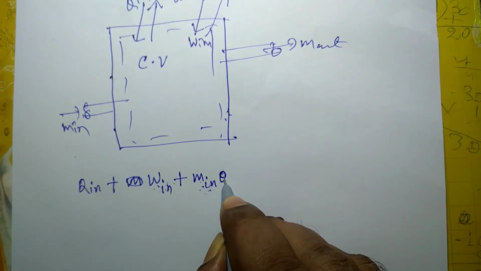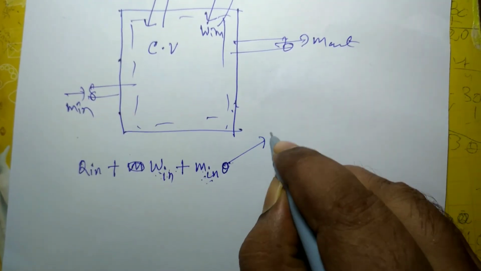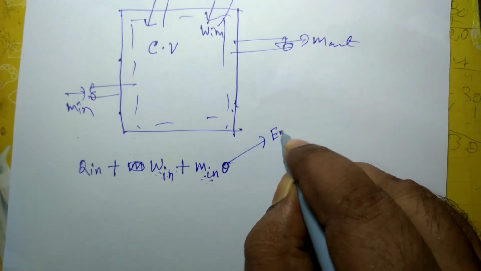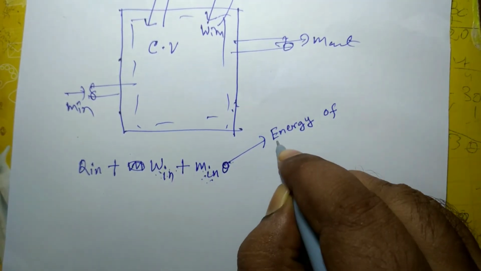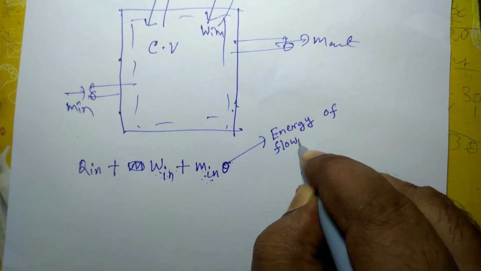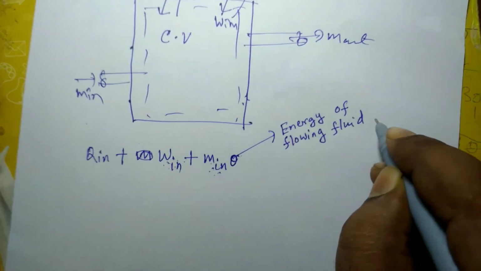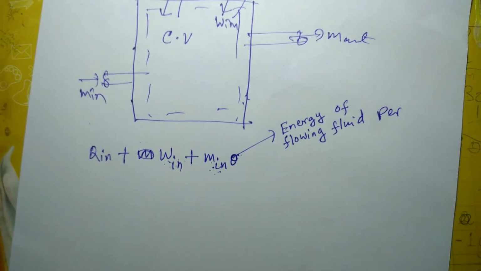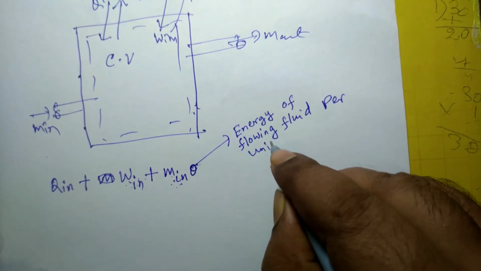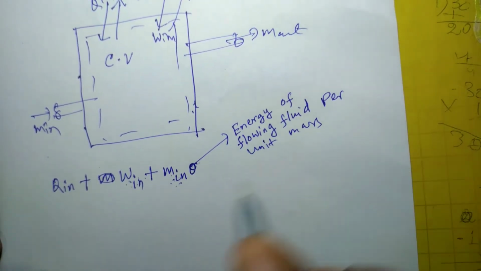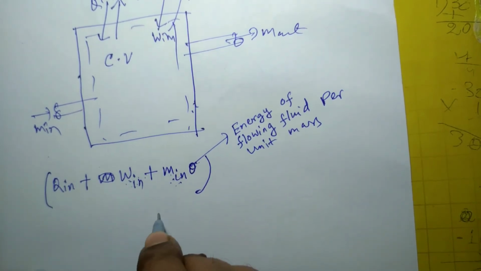Theta is the energy of flowing fluid per unit mass. ये हो गया हमारा E in. और E out में क्या रहेगा?